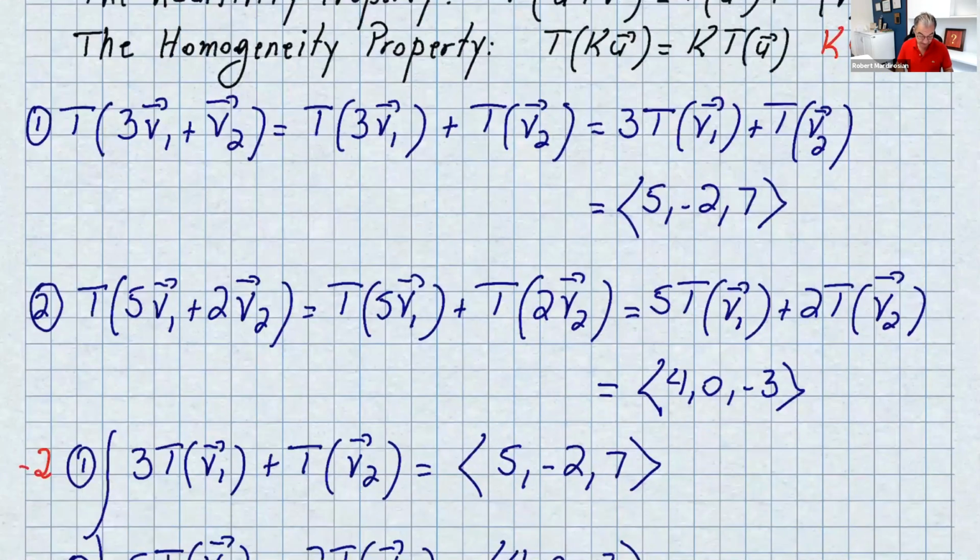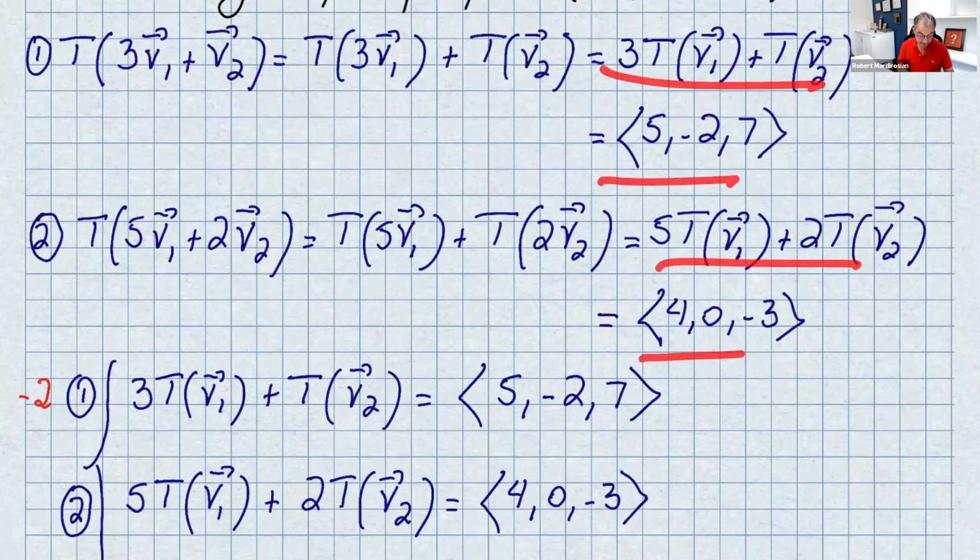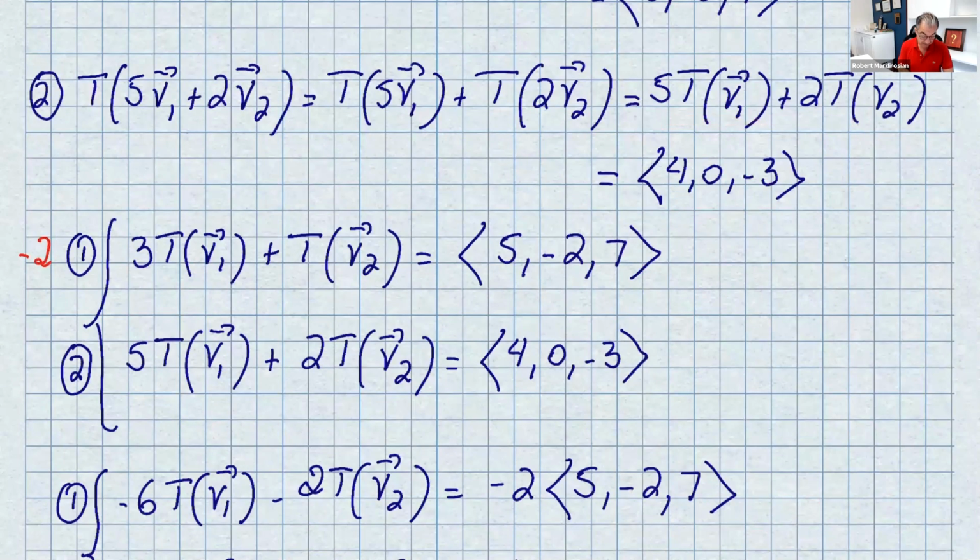Now if we put 1 and 2 together, just the last parts, right here, we have 3 times T of v1 plus T of v2 equals (5, -2, 7), and 5 times T of v1 plus 2 times T of v2 is (4, 0, -3), and this is like a system. So what we need to do is to solve for T of v1 and T of v2.